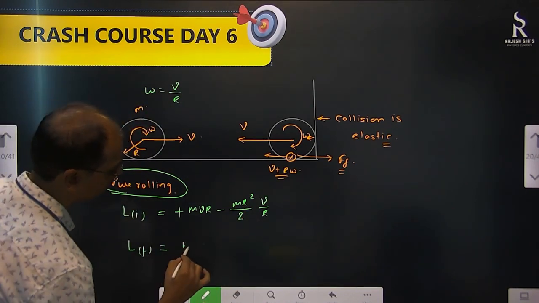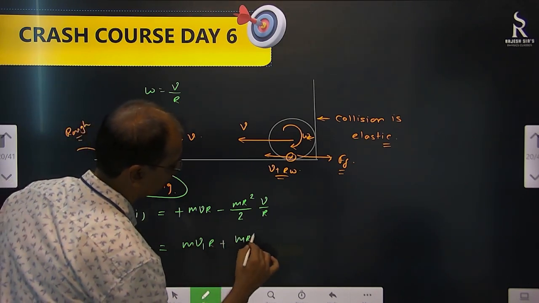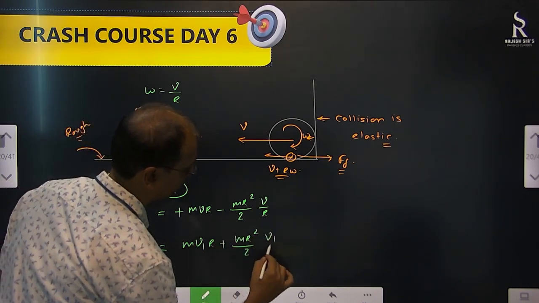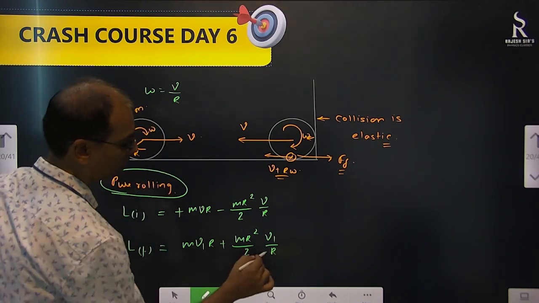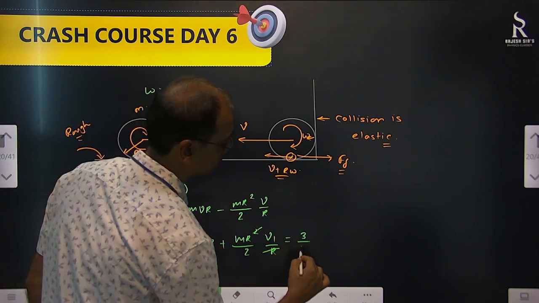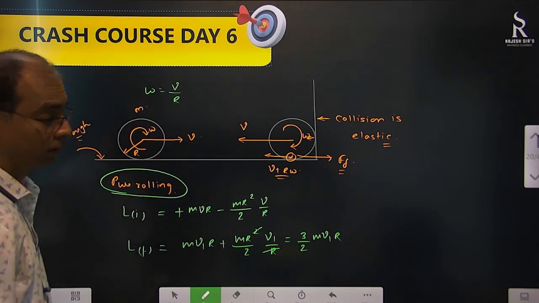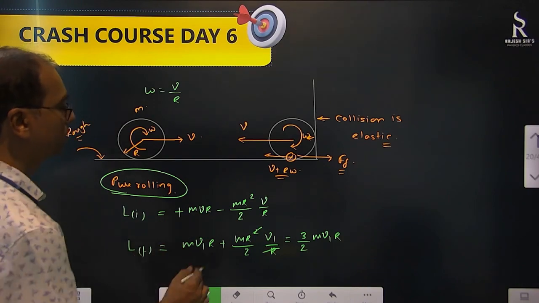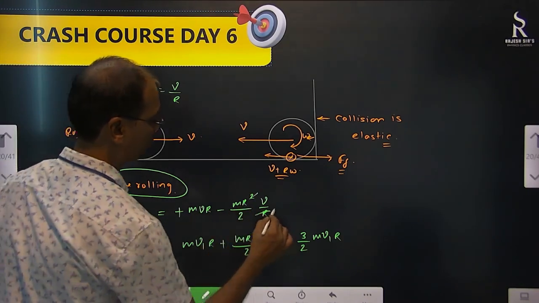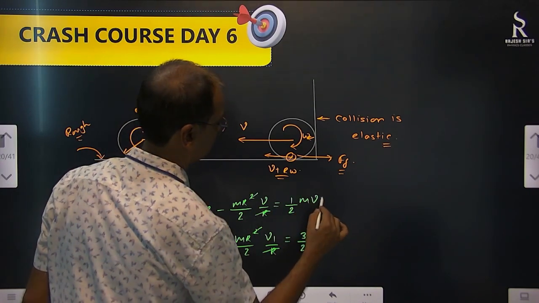Final: it's in pure rolling again. M v1 R plus Mr squared by 2 into v1 by R. This we already know: 3 by 2 M v1 R, in pure rolling. But here it is half. Now equate that.